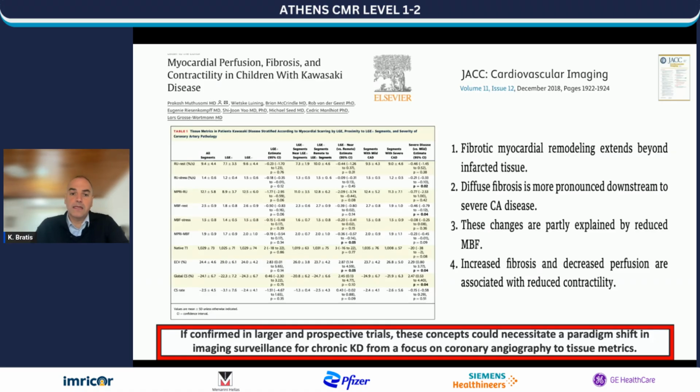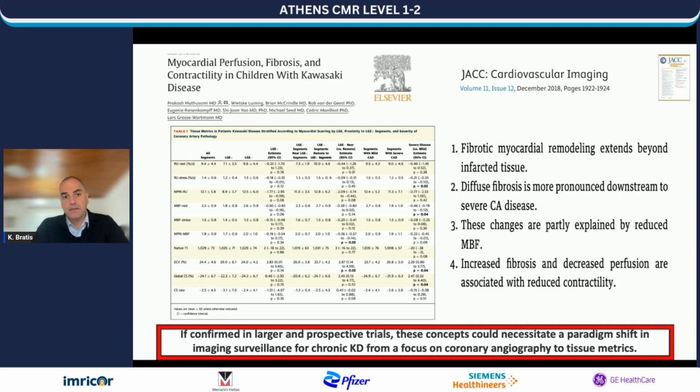The more significant the diffuse fibrotic remodeling and the perfusion impairment, the more affected the contractility was at a subclinical level, so impaired strain.